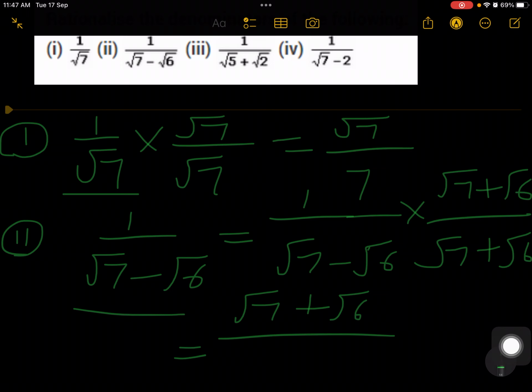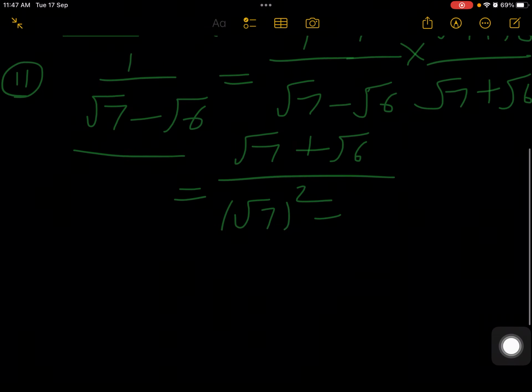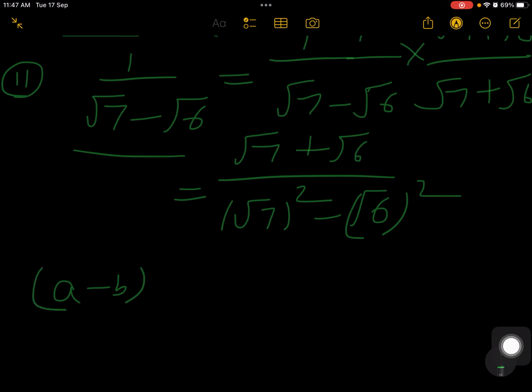But a minus b into a plus b is equal to a square minus b square. So here a is root 7 and b is root 6. So you need to just square and write in the form of a square minus b square.